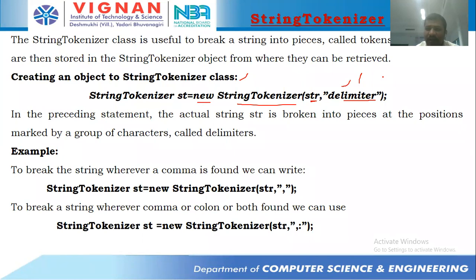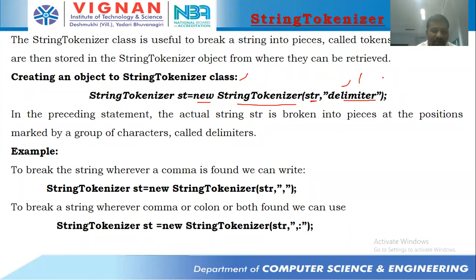If that delimiter appears in the string, from the beginning of the string to that position it is divided as one single piece. And from that delimiter to the next delimiter that appears in the string, that part is considered as one single piece. Like that, based on the delimiter, your string is divided into a set of pieces.